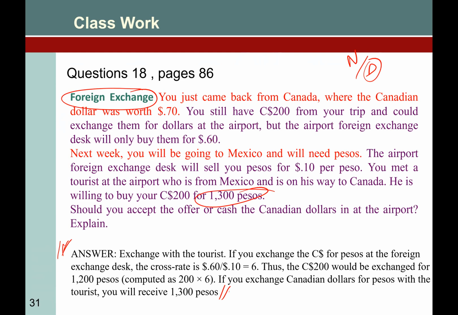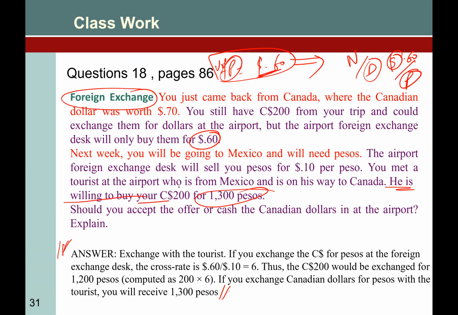So here, for example, this is the value of peso, equal to $0.60. If we want to write it as a ratio, this is the value of peso in terms of dollar, which is 0.60. So in the numerator should be written dollar, and in the denominator should be written peso.